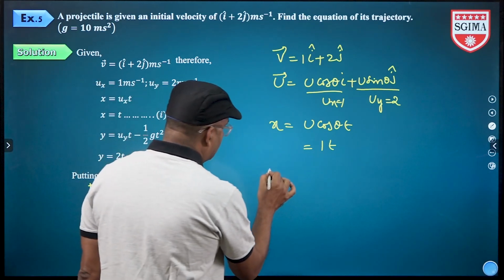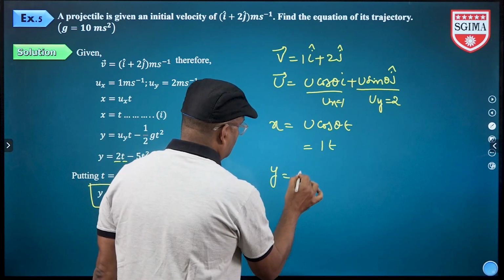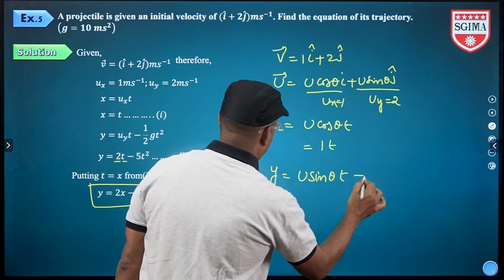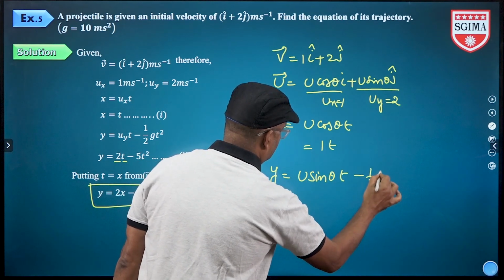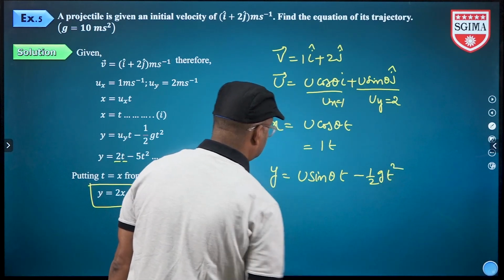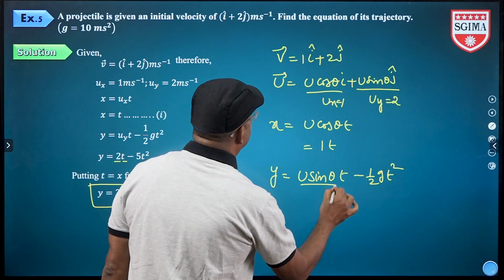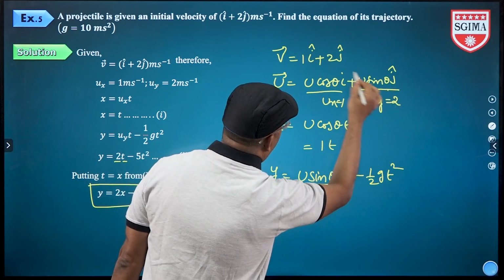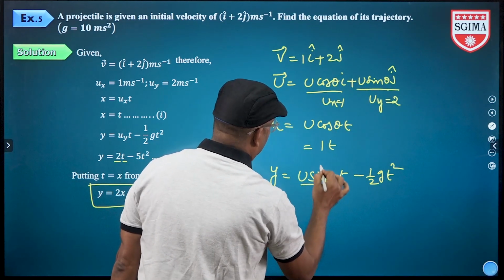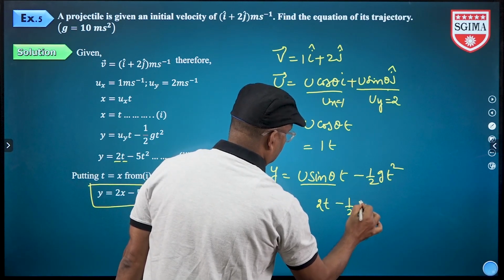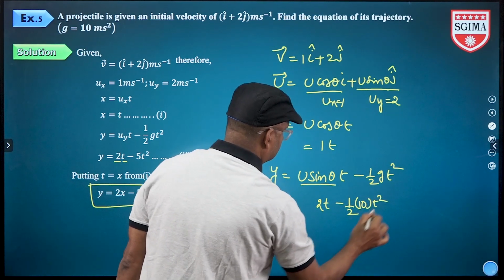Similarly, vertical displacement y is equal to u sin theta t minus half g t square. u sin theta is 2, so 2 into t minus half of g, 10, into t square.